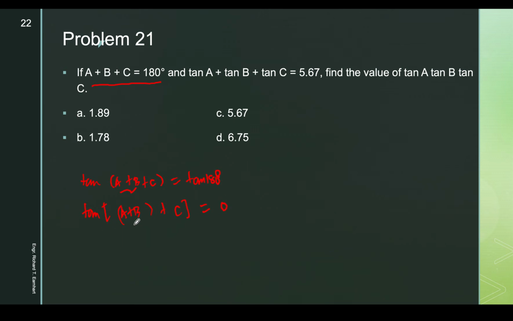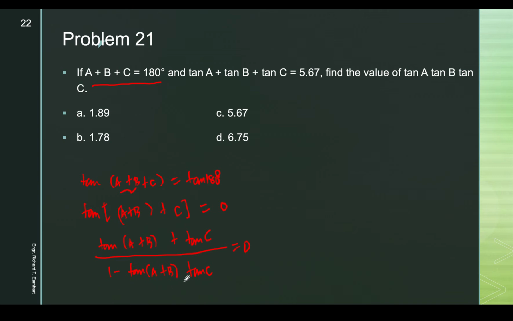And then tangent of two angles will be tangent of A plus B plus tangent of C all over 1 minus tangent of A plus B times tangent of C equals 0.